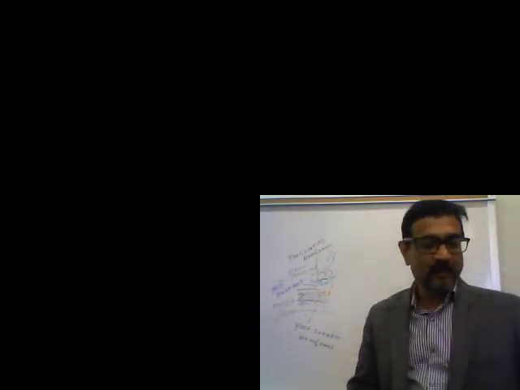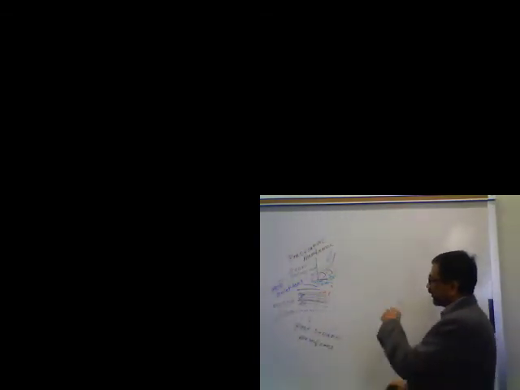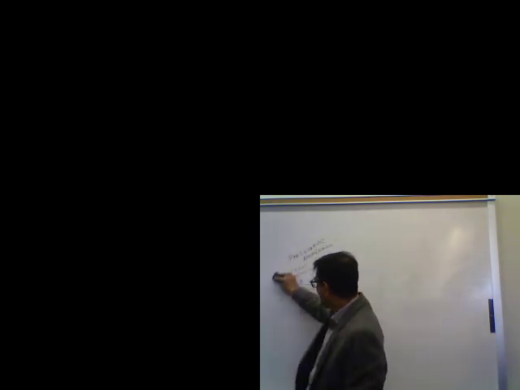Now, in your exam on Tuesday, I may ask you to draw a neuromuscular junction. Okay, draw a neuromuscular junction and show different structures inside it. So you will draw exactly what I showed you here beautifully.